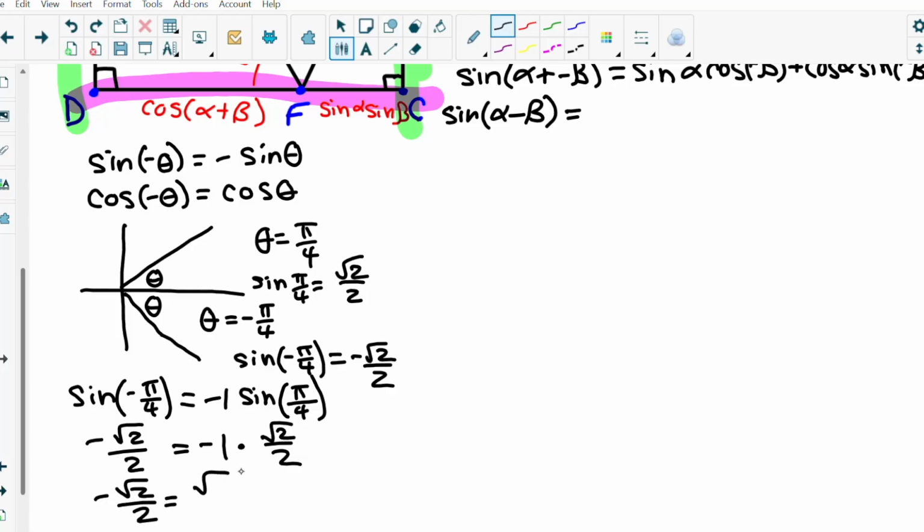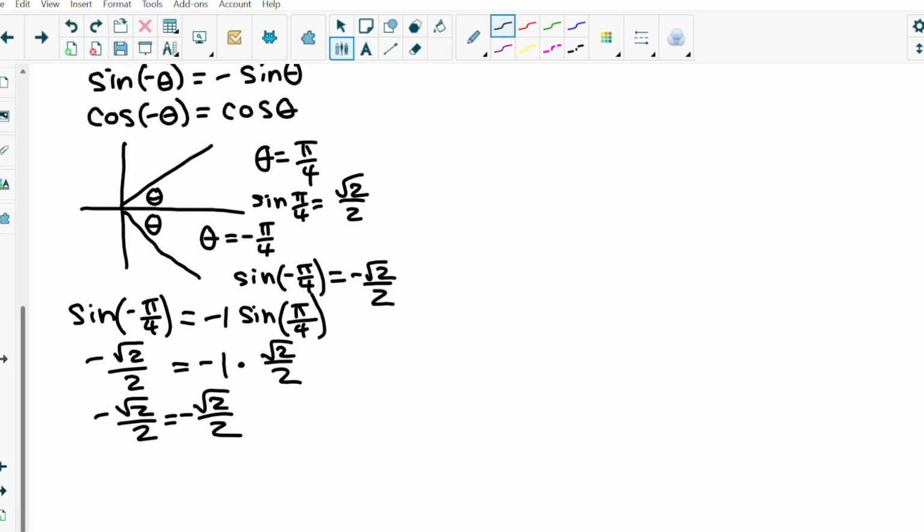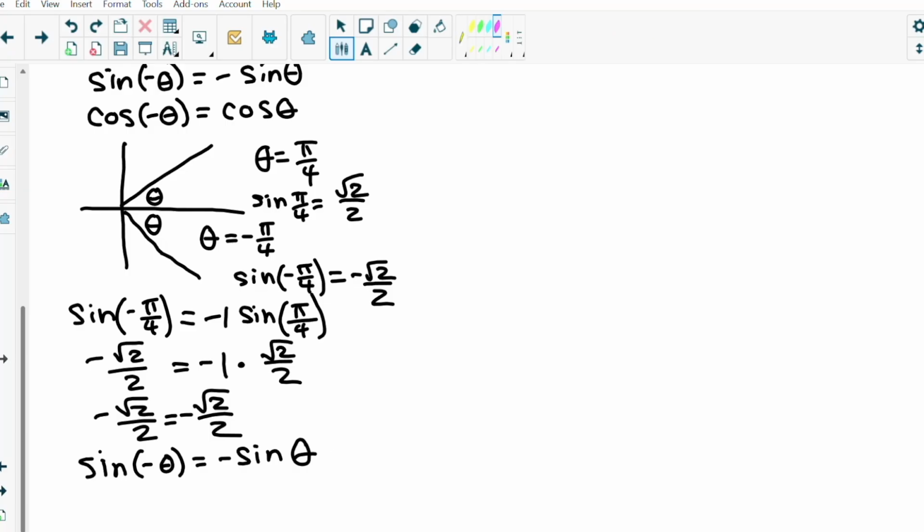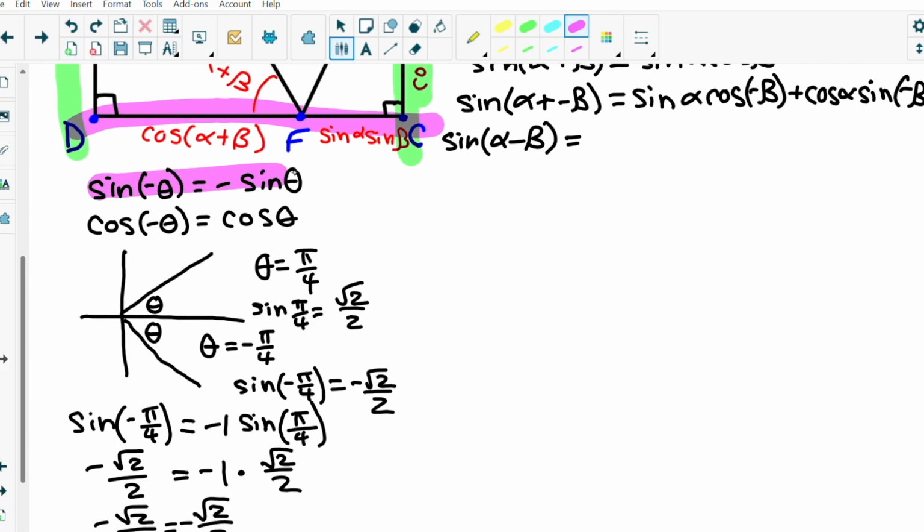So negative square root of 2 over 2 equals negative square root of 2 over 2. Therefore, we can conclude that sine of negative theta equals negative sine of positive theta. Okay, so that's a very important identity right there.